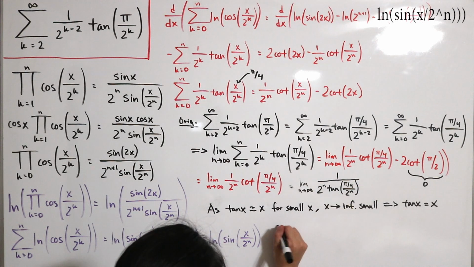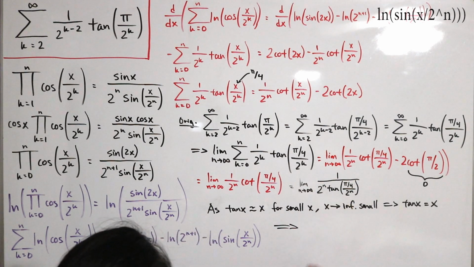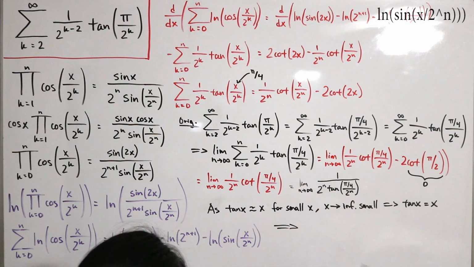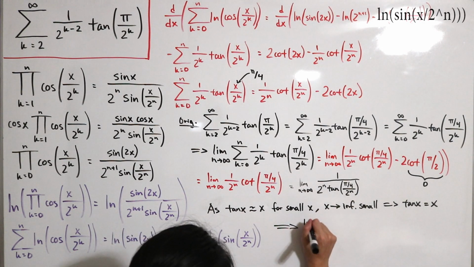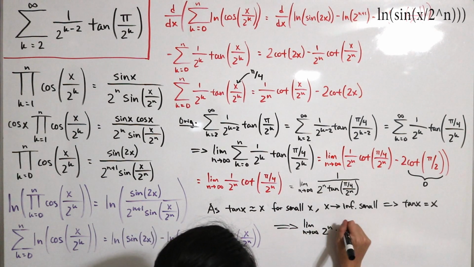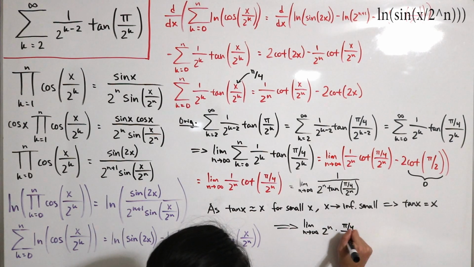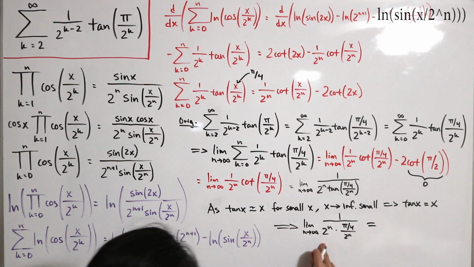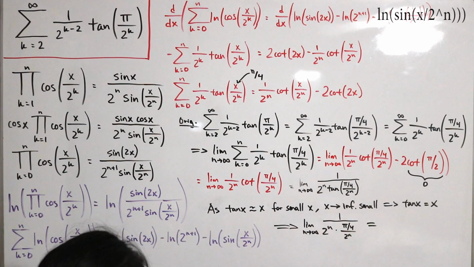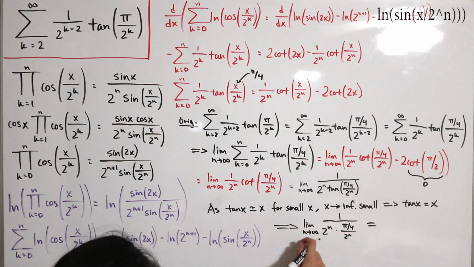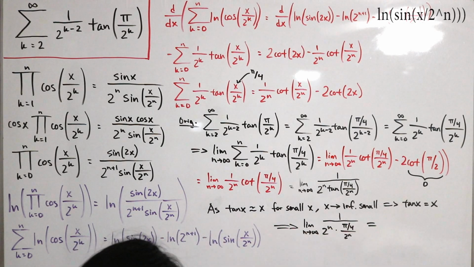Then, since tangent of x is equal to x for some infinitesimally small x, we can write that as the limit as n approaches infinity of 2 to the power n, this is the denominator, times pi over 4 divided by 2 to the power n, and the numerator is 1. You'll notice the 2 to the power n terms cancel each other, so we have 1 over pi over 4. In other words, flip the reciprocal, and there's nothing to plug in for n to approach, so that's just a constant on its own.